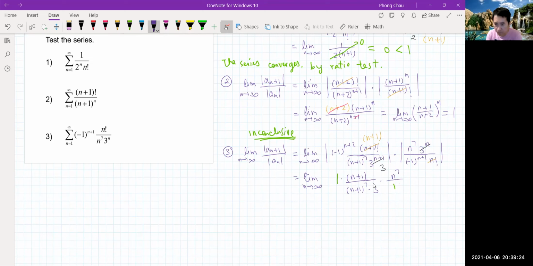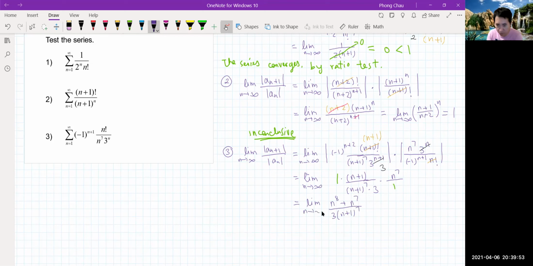Okay, so what is this limit now? Well, if we look at this carefully, it's (n+1) times n^7, so let's multiply that out. So n^8 plus n^7 over 3(n+1)^7.